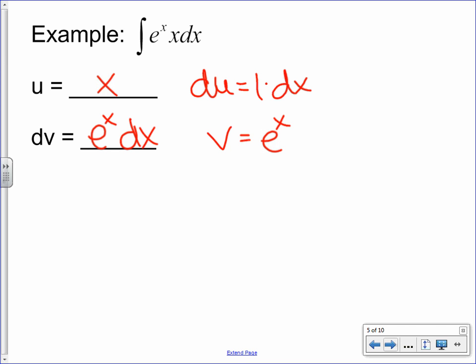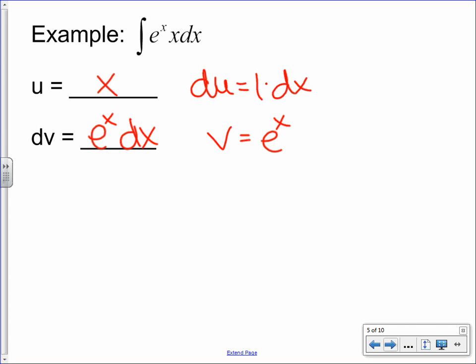Basically, this is all coming together for me. The whole point of doing this is because our original y is u times v. So we have to identify a dv so we can figure out what our original v is. Does that make sense? So could our dv have like a constant?